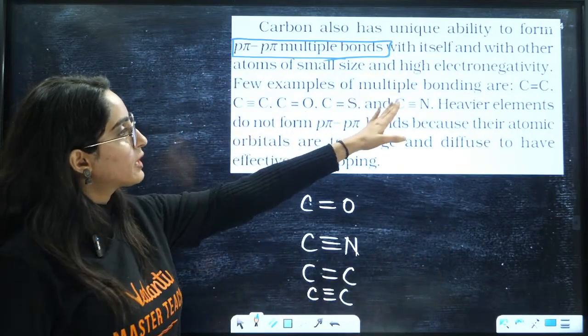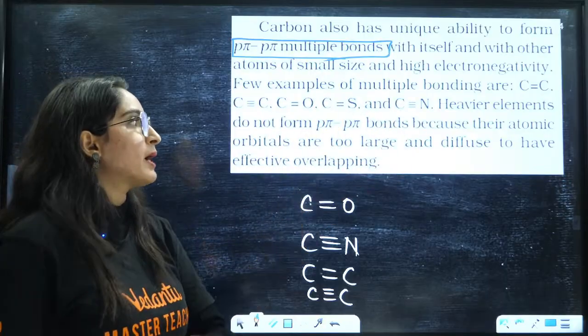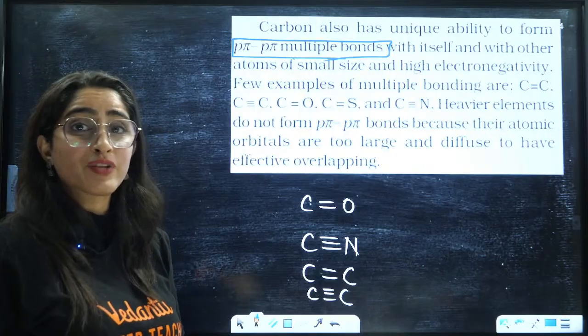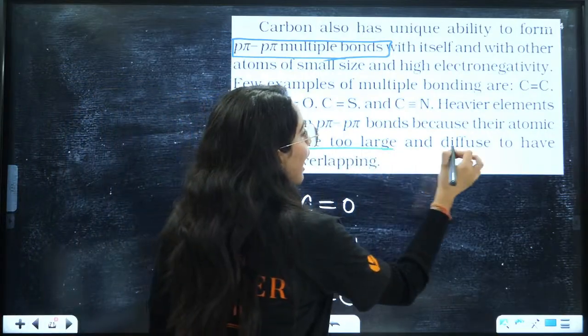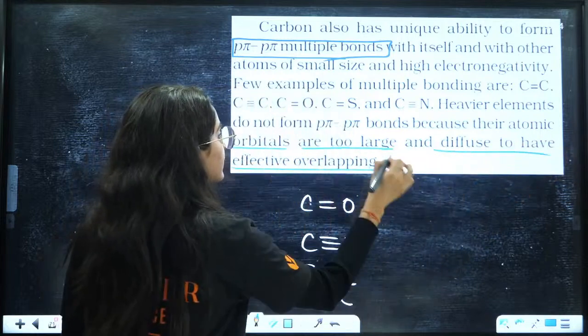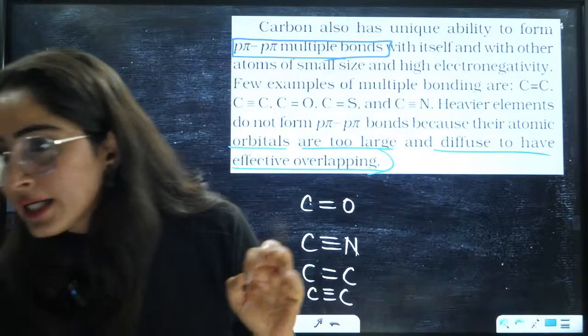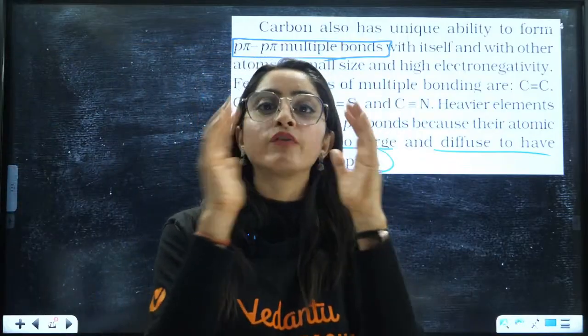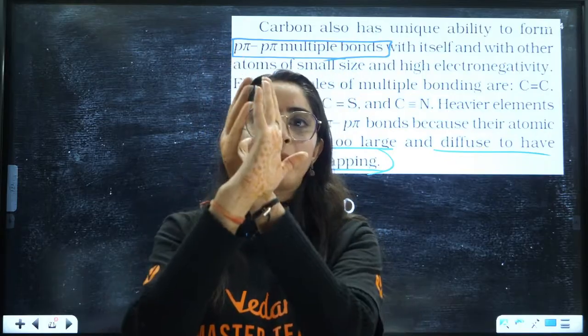Heavier elements don't form p-pi bonds. The reason is their size, because their atomic orbitals are too large and diffuse to have effective overlapping. Now see one thing: multiple bonds are formed by sideways overlapping. This is one orbital, this is one orbital. They will overlap like this.